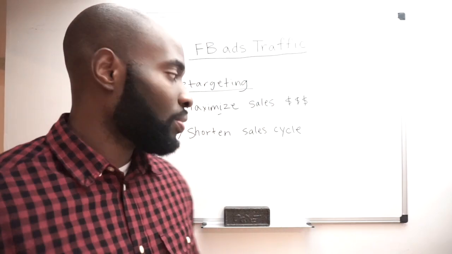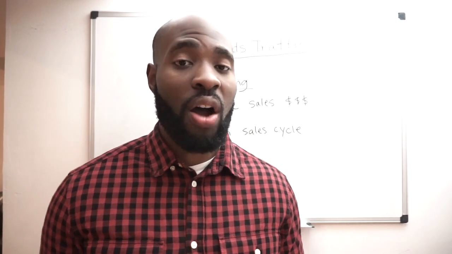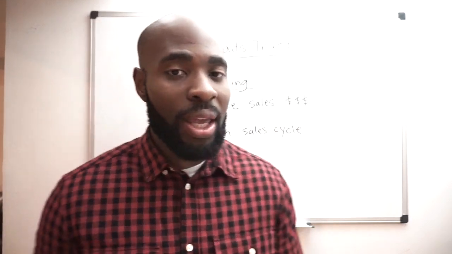So you really have to understand the concepts I'm teaching and implement them to your business. What retargeting helps you do is shorten the sales cycle of your particular product or service. It helps you follow up faster, in a sense, and get people to buy earlier than they would have if you didn't do a retargeting campaign in the first place.